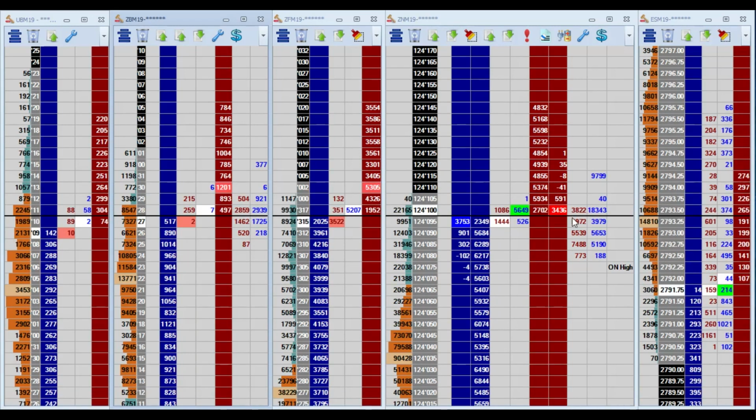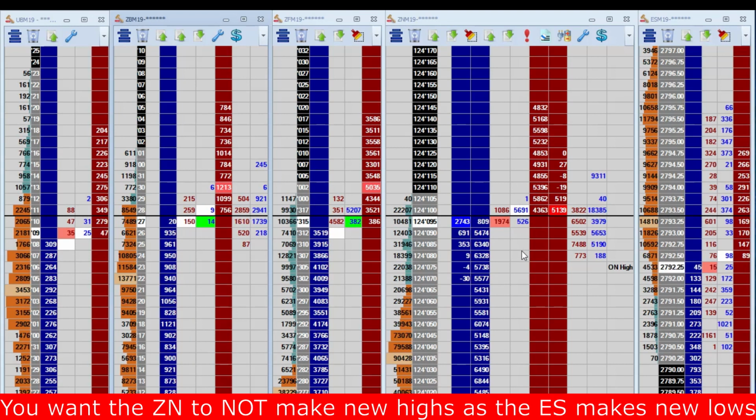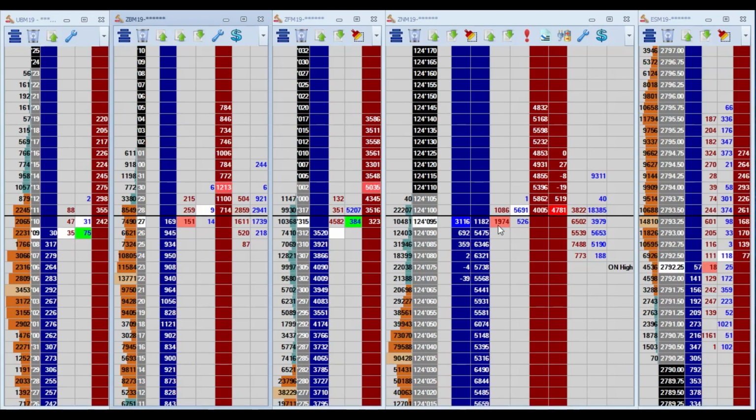in the 10-year, see how these are already selling down, even though this is taking a beating. You want to see this hold, right? So you even want to see the E-mini push the lows, create new lows, and that not to happen here in the 10-year. They're already attacking down.